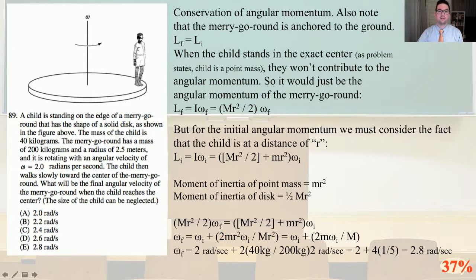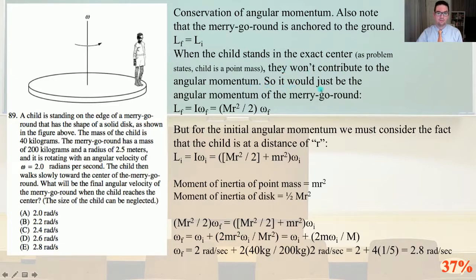So we're going to use our conservation of angular momentum. Also note that the merry-go-round is anchored to the ground, so our final angular momentum equals our initial angular momentum. When the child stands in the exact center, remember, as the problem states, the child is a point mass. You can neglect the size. So the child won't contribute to the angular momentum.